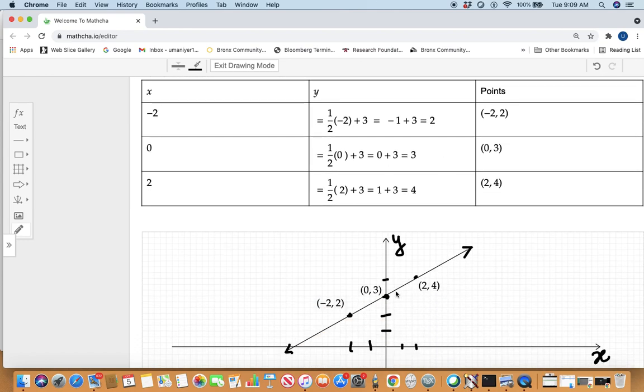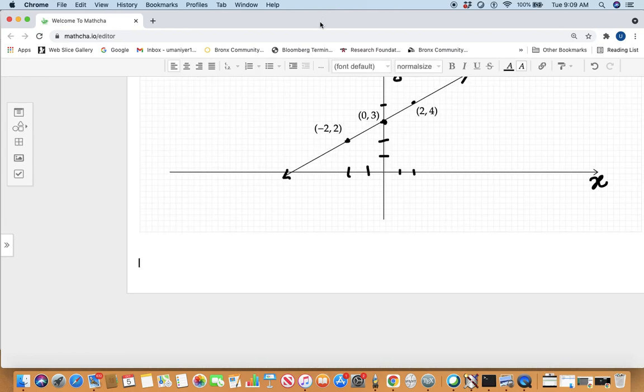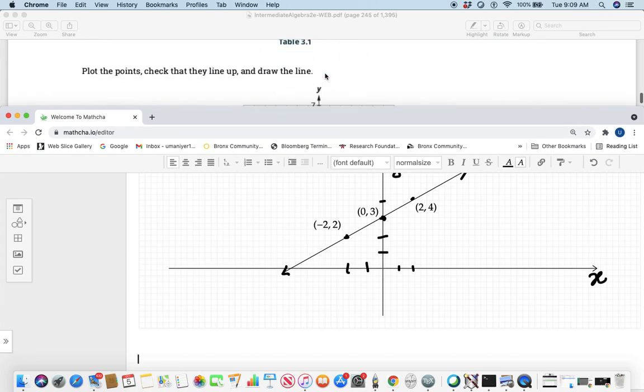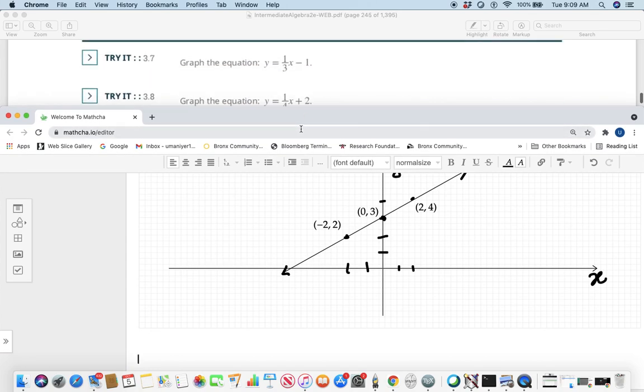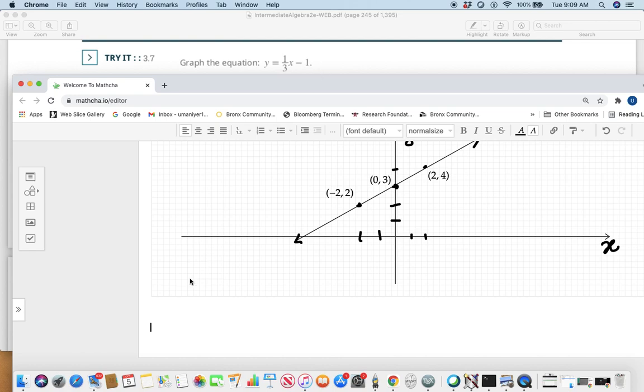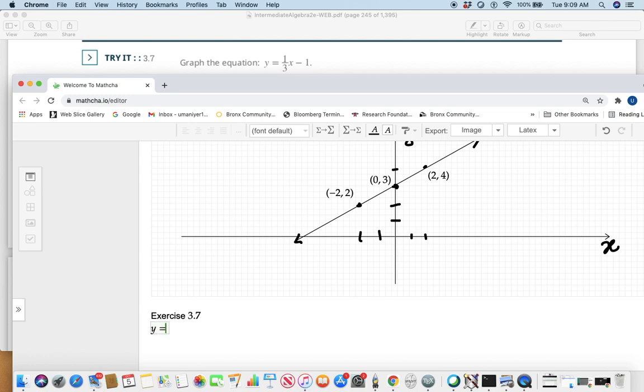Okay, so let's try one more example. There, 1/3 x. So this is exercise 3.7. Okay, you want to graph y equals fraction 1/3 x minus 1.